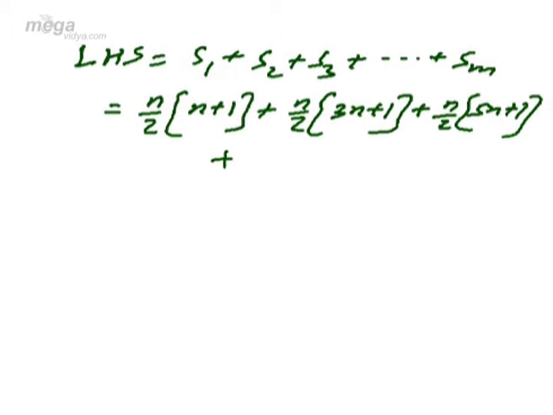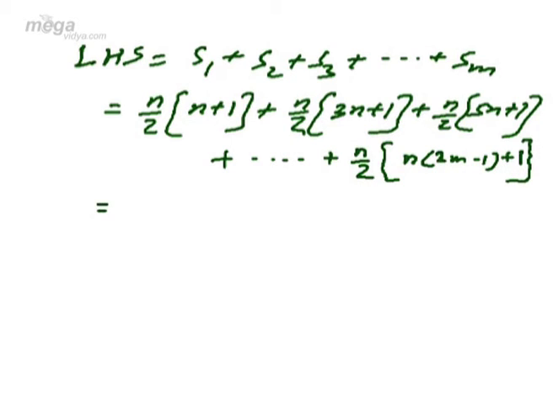And the value of Sm is n by 2 into n into 2m minus 1 plus 1.